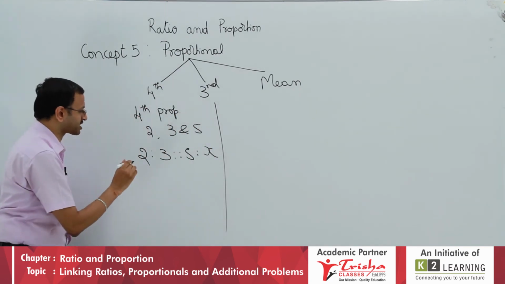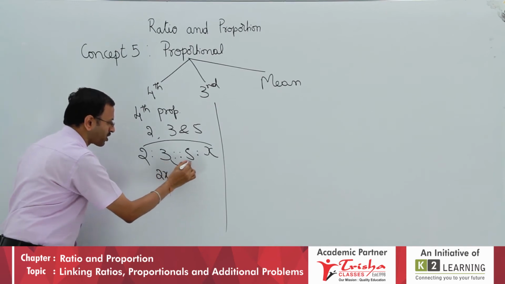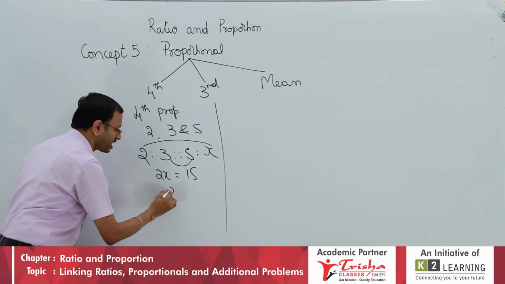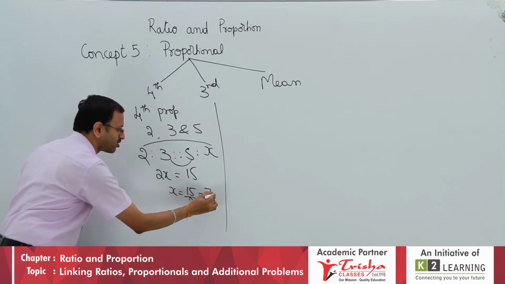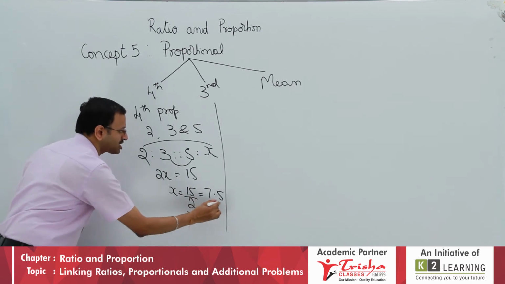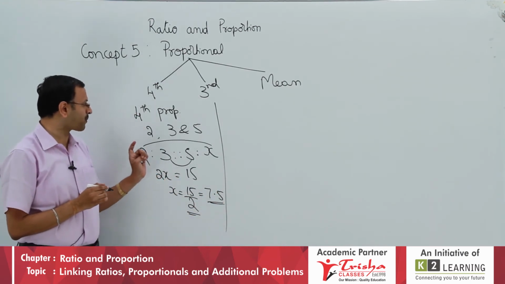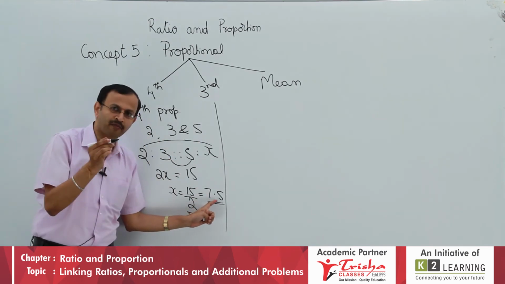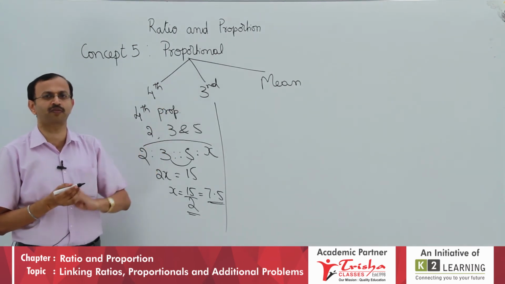So 2x, rule of proportion you know, product of extremes equals product of means, 3 × 5 is 15, x is equal to 15 divided by 2, which is 7.5. So the 4th proportional of 2, 3 and 5 should be 7.5.